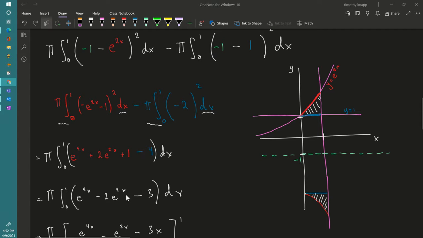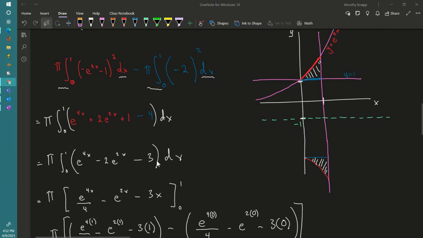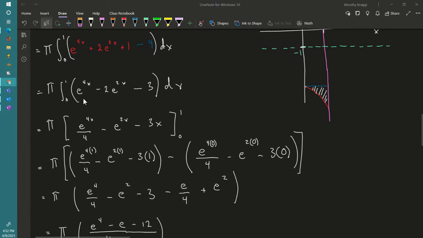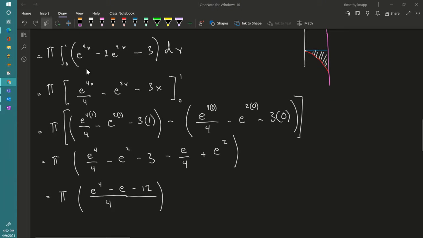Then I just combined all this, and now I basically just have a simple little integral. And so I integrate this guy, and you can kind of follow this along. This doesn't need much explanation because this is a pretty basic integral. Same with this one, and same with this one. Then you evaluate it from 0 to 1. And so here is everything evaluated at 1, everything evaluated at 0, and then you kind of do all this.